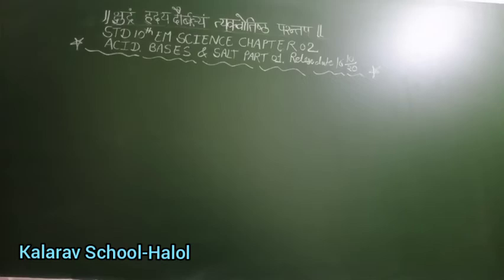All metal carbonates and hydrogen carbonates react with acid to give the corresponding salt, meaning it will produce salt, carbon dioxide and water. Okay, so we can say: metal carbonate or metal hydrogen carbonate chemically reacts with acid to produce salt, carbon dioxide and water.